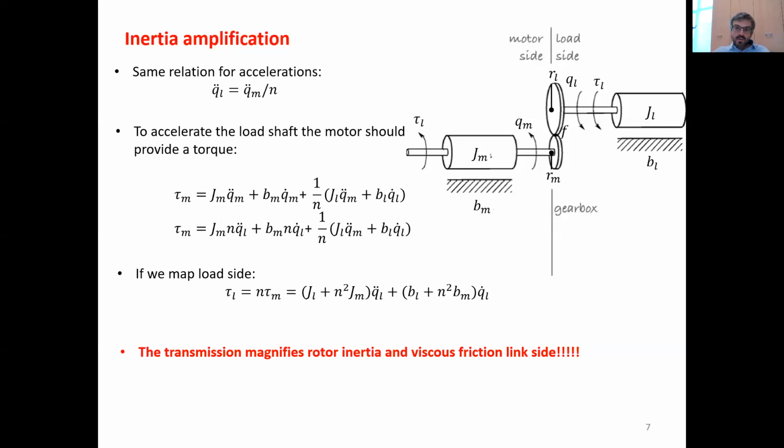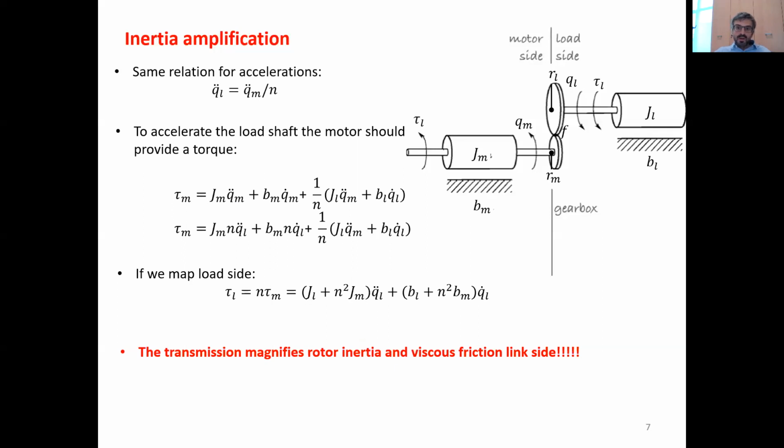But we need to be aware that there are some technological construction problems. The gearbox, if you have a big N, becomes very big and cumbersome, big volume, and you certainly have higher friction, and also high amplification of the rotor inertia.